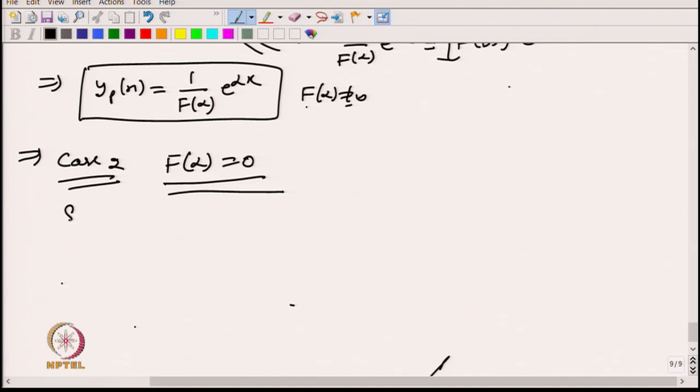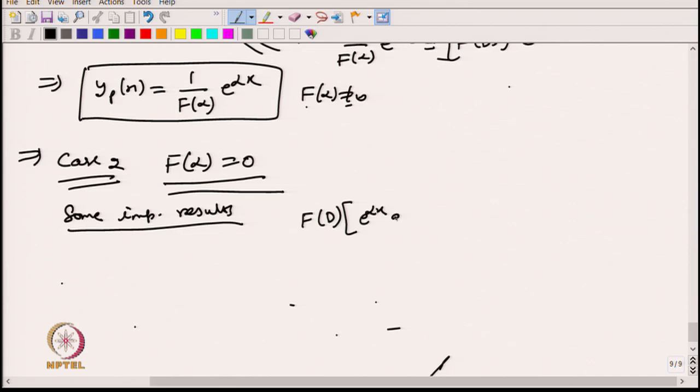I want to define that the differential operator f of D, if I operate it on the function e raised to power alpha x times some function g of x, can be written as e raised to power alpha x times f of D plus alpha acting on g of x.